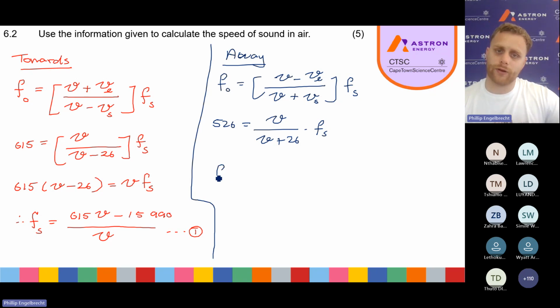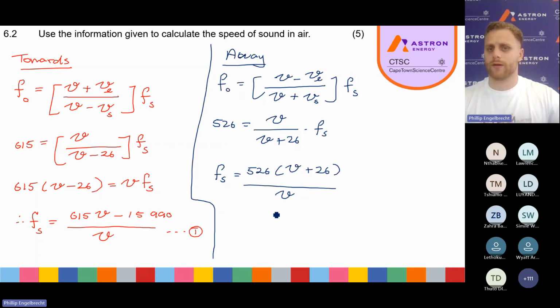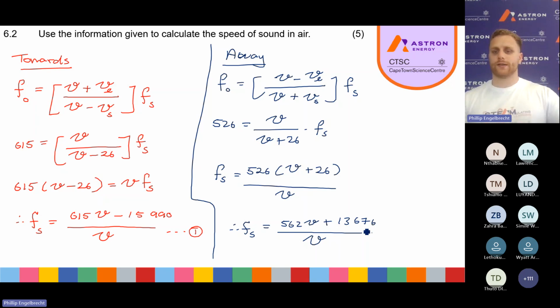So the frequency of my source is equal to 526 times V plus 26 all over V. If I do this on my calculator, I get 526V plus 13,676 over V. Okay, guys, and that is my second equation. That's equation number 2.